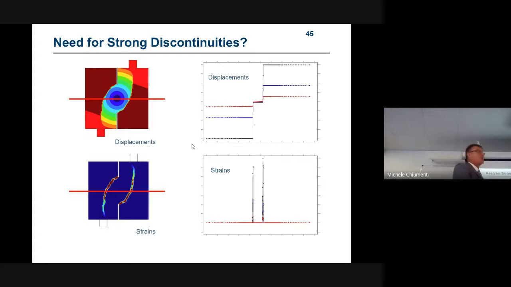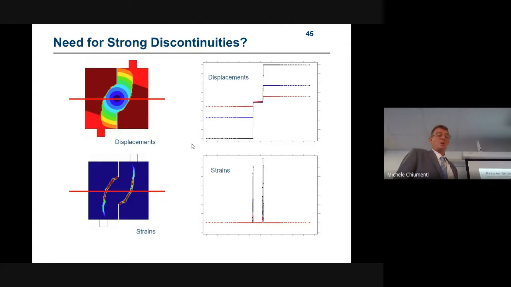And you can see that even if we didn't use strong discontinuity, we just smear the crack in one element, you get a jump. Obviously, you cannot see it, but the size of this is one element. Okay? But to any effect of engineering computation, you get the jump that was expected. And you get the strains. You can compute that the strains are bounded. Okay?